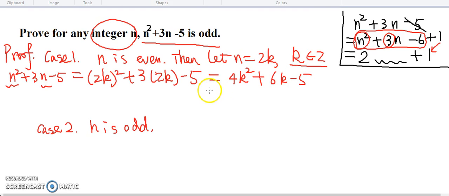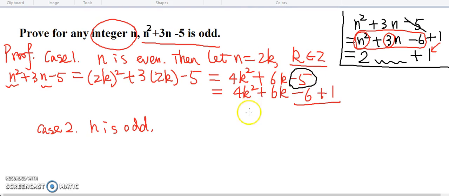And like I said before, if we try to get the format plus 1, we have to first come up with the 1. So I'm going to replace negative 5 with negative 6 plus 1. Negative 6 plus 1 is the same as negative 5, so we did not change the problem. Still the same.